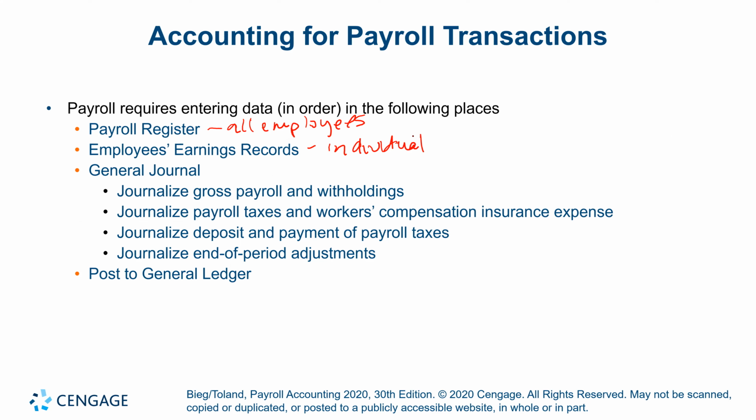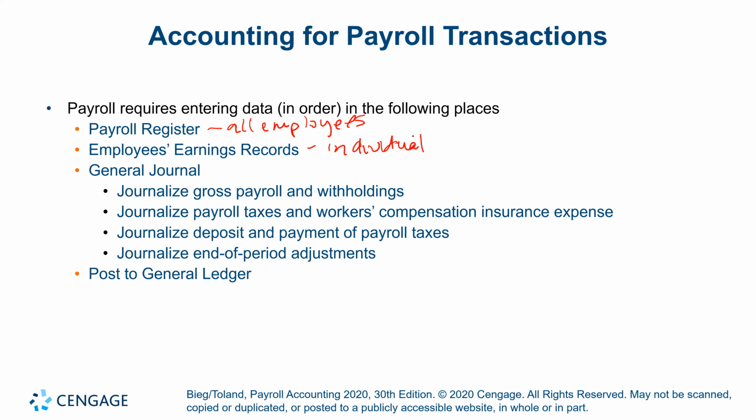And if we remember seeing these, they have the same columns, like total earnings, regular earnings, overtime earnings, gross earnings, the taxable wages column, the tax column. So the payroll register and the employee earning record are very similar. It's just that the payroll register is for all the employees, where the employee's individual earning record is just for that employee.